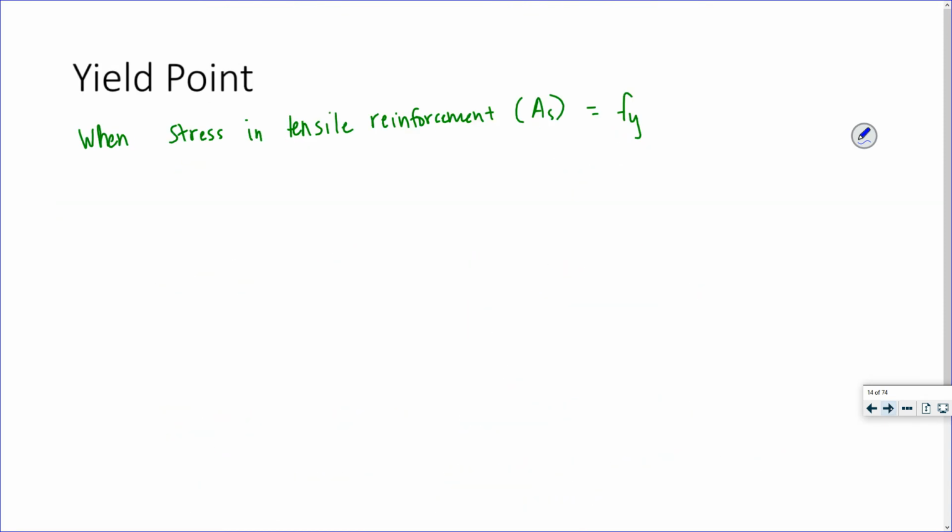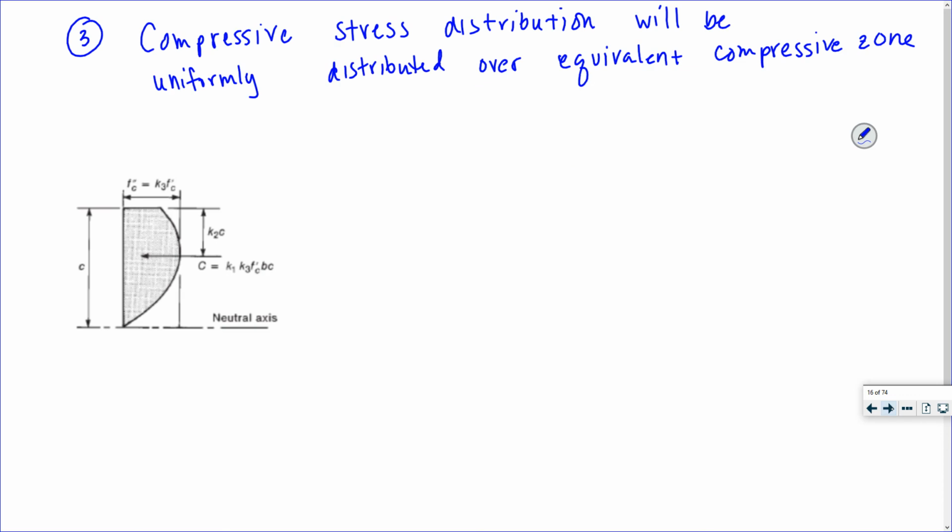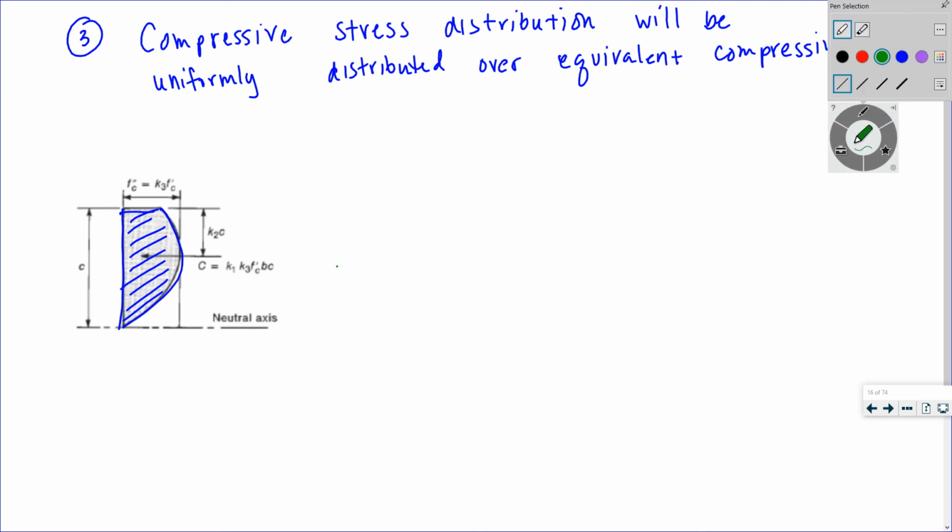So instead of assuming it's this parabolic distribution, we are going to take this area and make it into an equivalent rectangular uniformly distributed area.